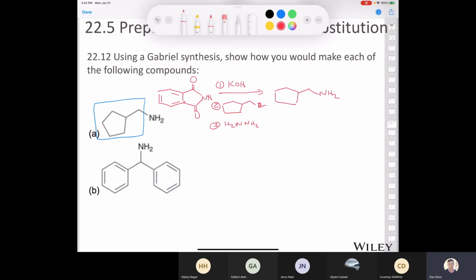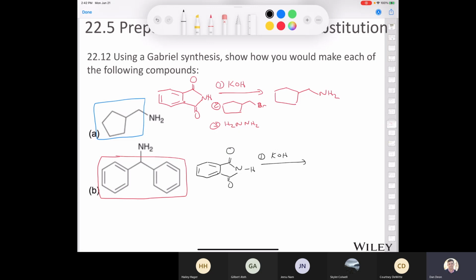Okay, same kind of thing here. Again, everything that's not part of the amine, all of this here, is going to have to come from your alkyl halide. So we're going to start out with phthalimide. Draw our phthalimide molecule. That first step, we're going to treat it with potassium hydroxide.